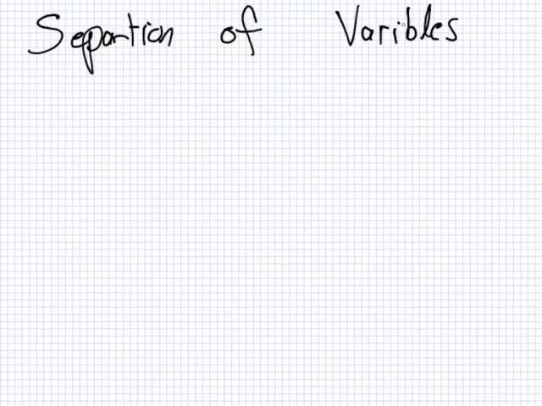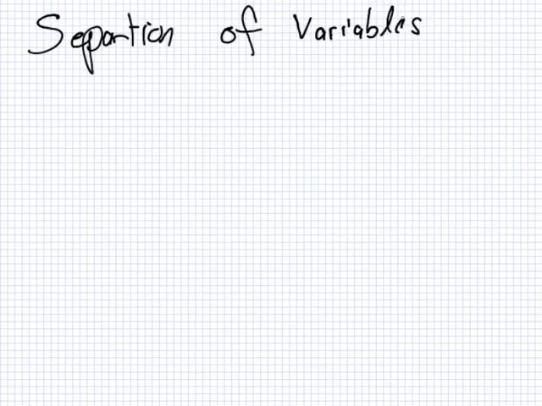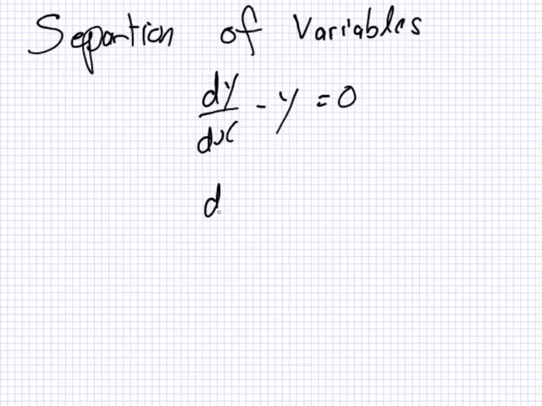Separation of variables. Okay, so let me explain that with an example. So for example, if you have dy/dx minus y equals 0, the first step is still to equate it like this.